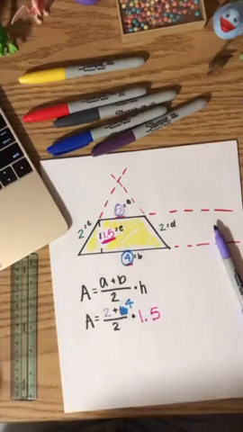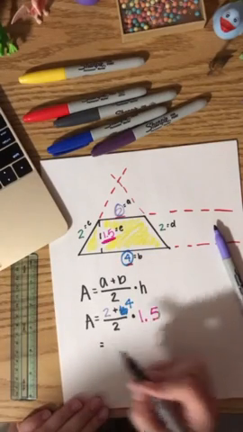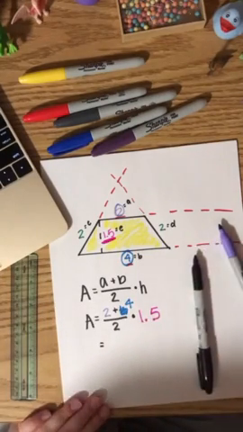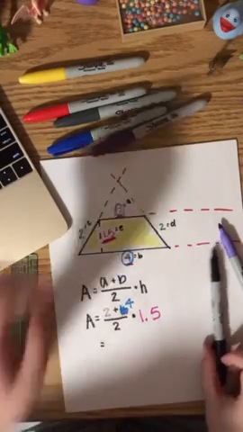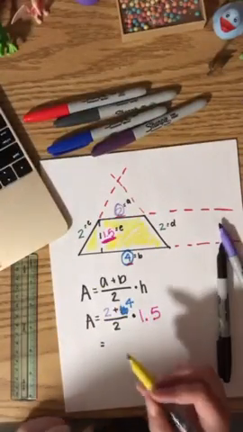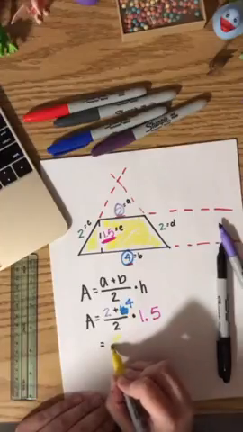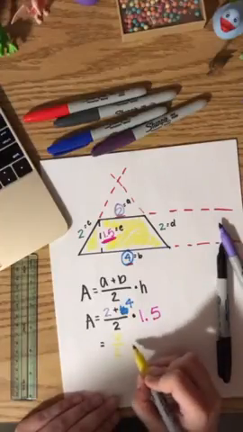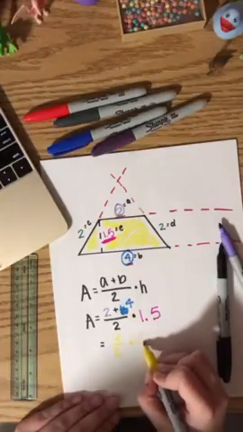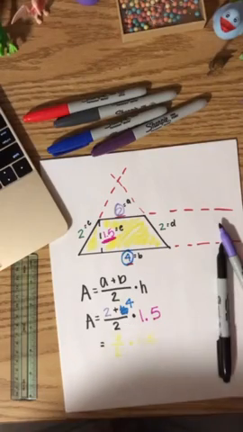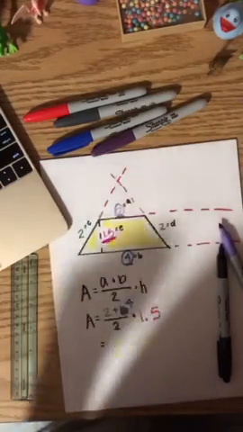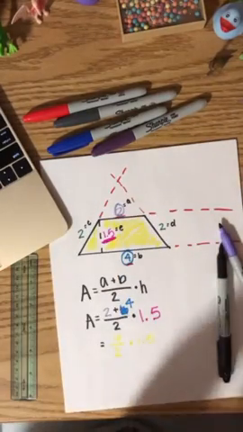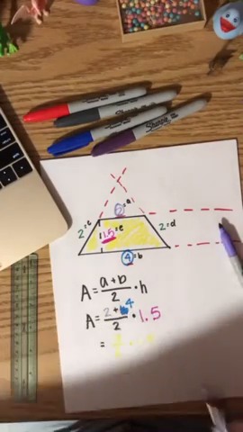Now we solve. And remember, we have to follow steps. So 2 plus 4, let's do this in a new color. Let's do it in yellow. 2 plus 4 is 6, divided by 2 times 1.5. Is that showing up? Alright, we're going to do that in a different color since that's not showing up.